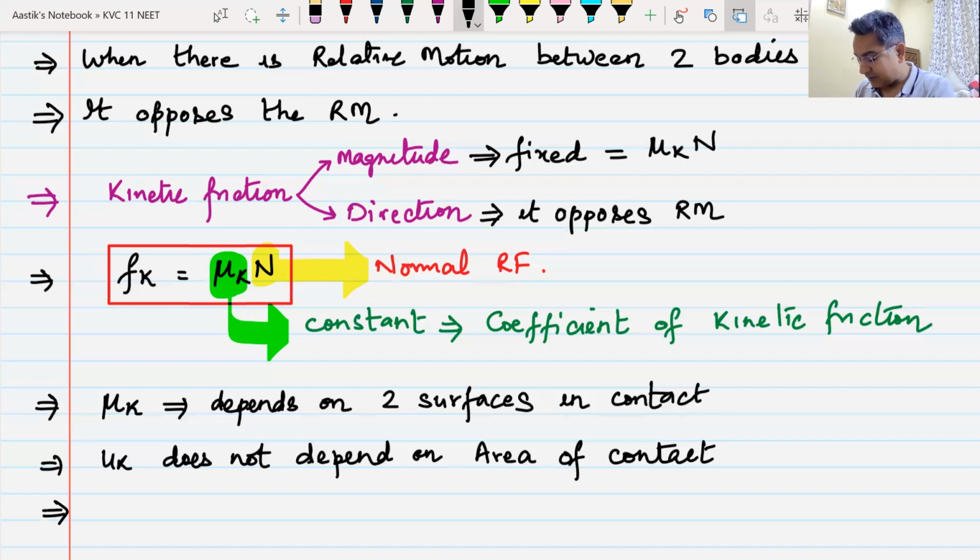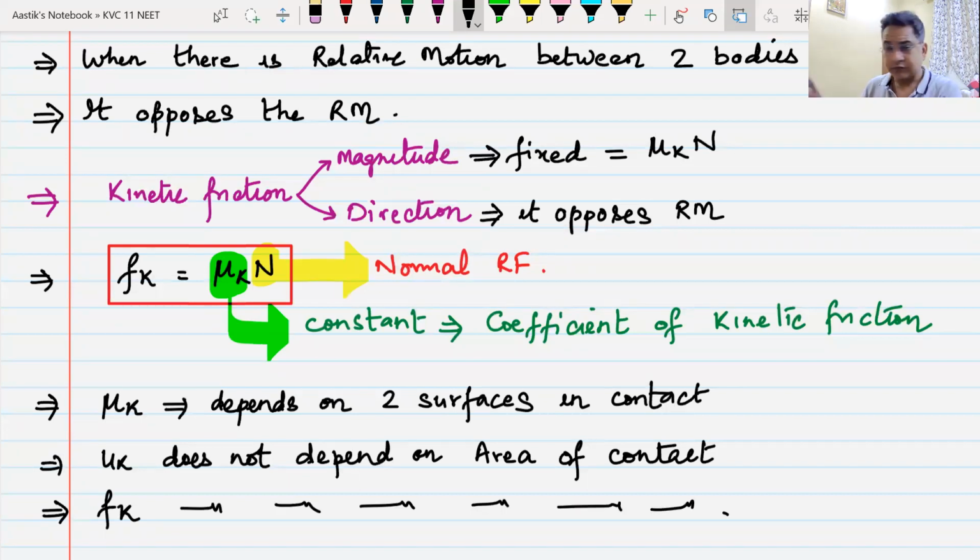Similarly, the same thing can be said about the value of Fk. Fk does not depend on the area of contact. If the surface is the same, the value of friction does not change, because friction only depends on two things: mu k and n.